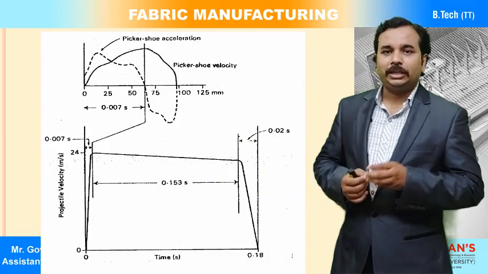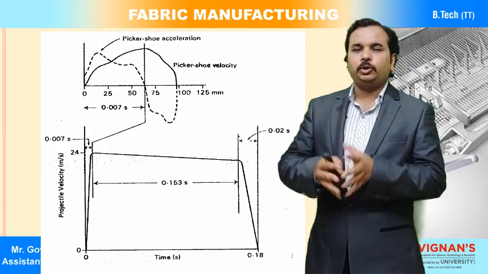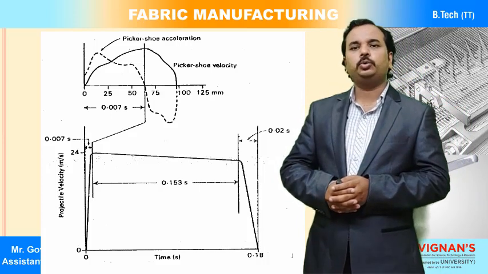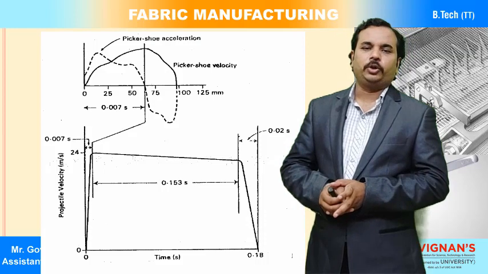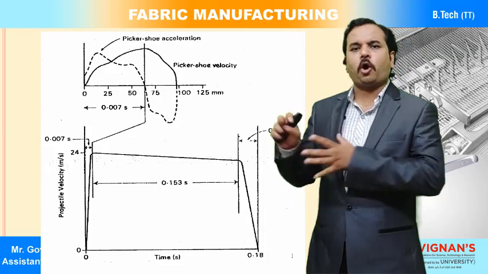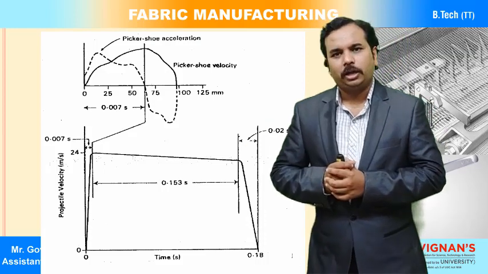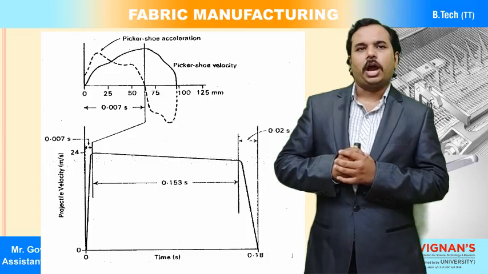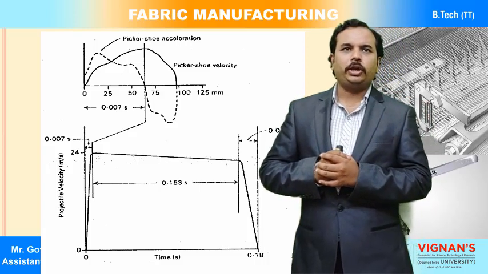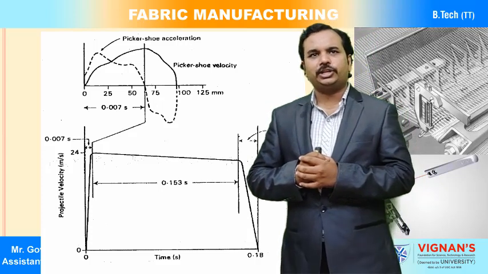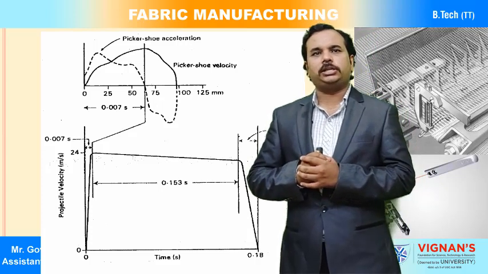So the deceleration time: you can observe that 0.02 seconds is the time to decelerate the projectile. Decelerate is nothing but it is stopping at the receiving side. In the top image, you can see the picker shoe acceleration and the picker shoe velocity.